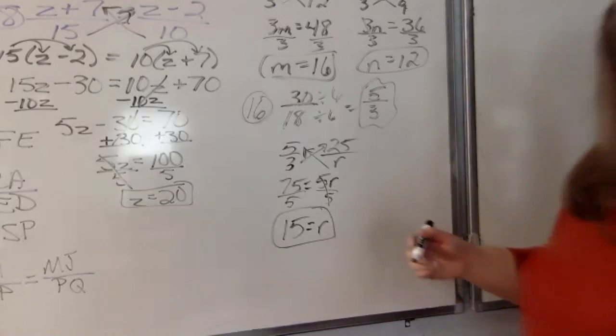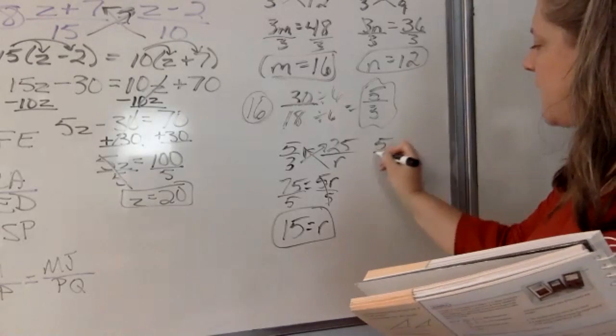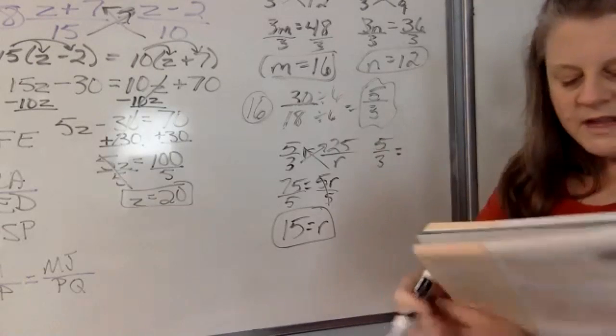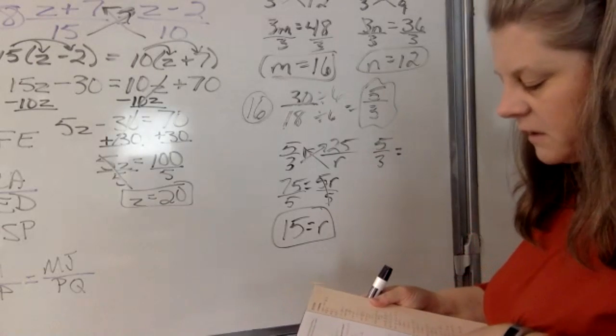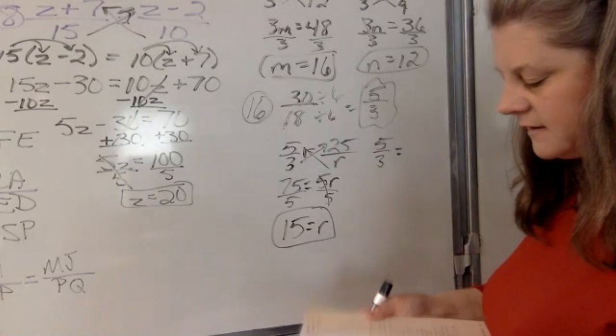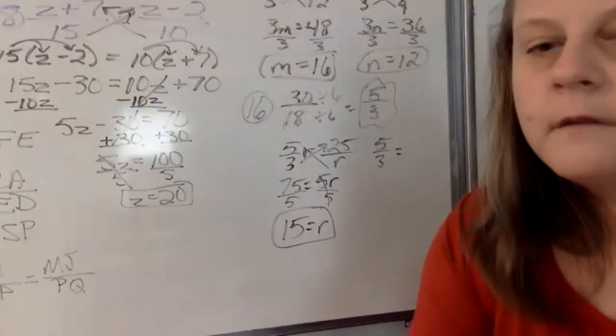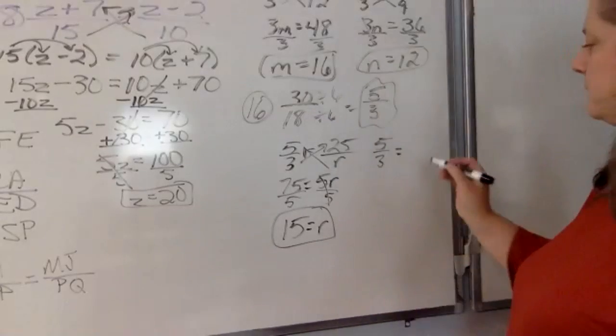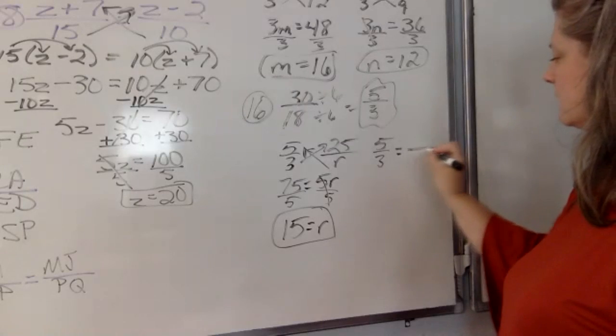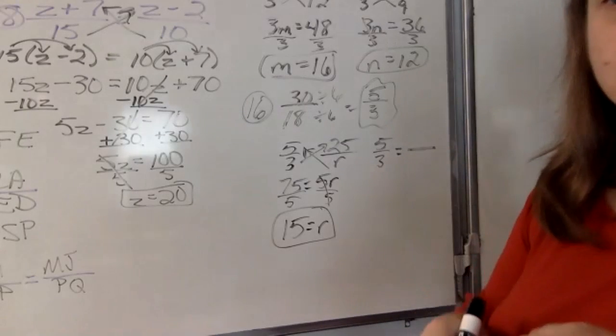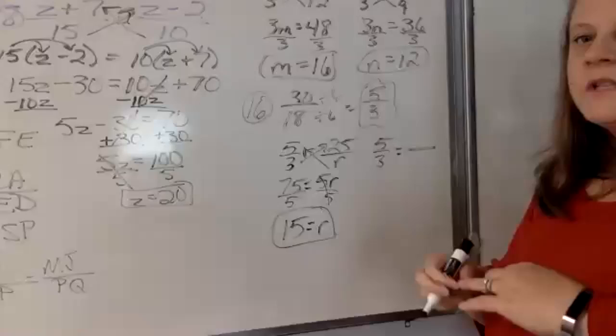Now we have to find the other one. Still use my same scale factor. 5/3 equals, and then what's going to be my ratio on the other side to find the S? Which one's going to go on top?